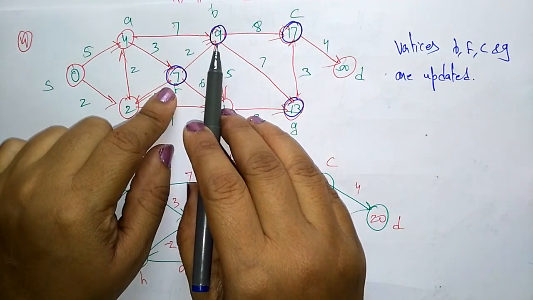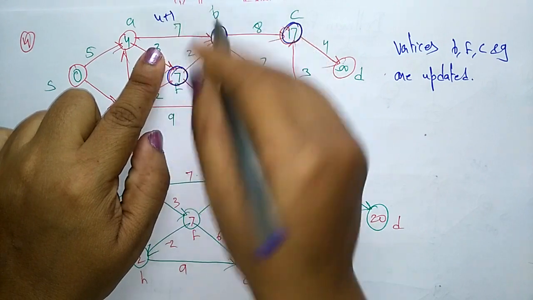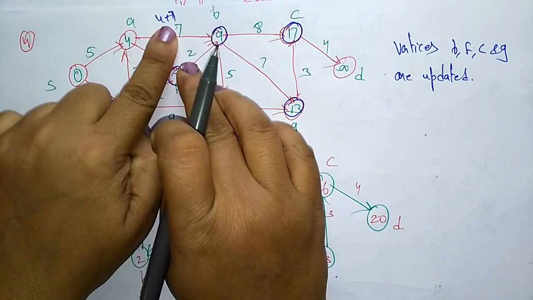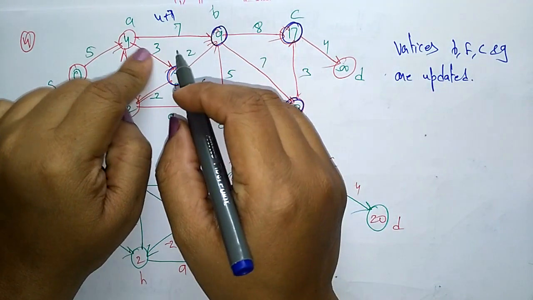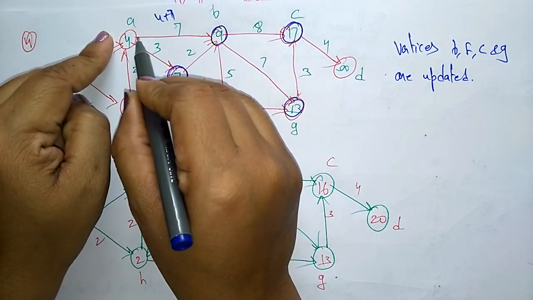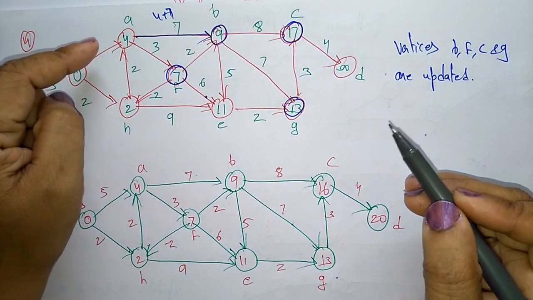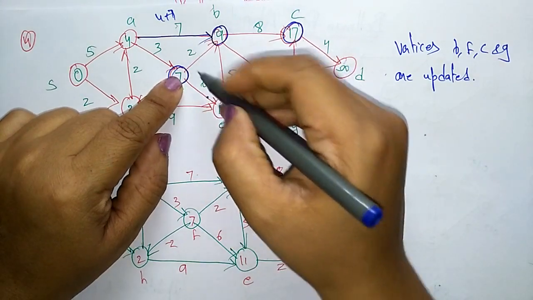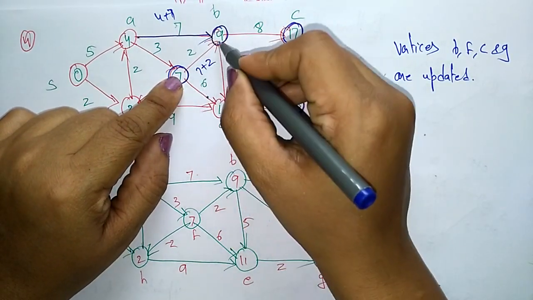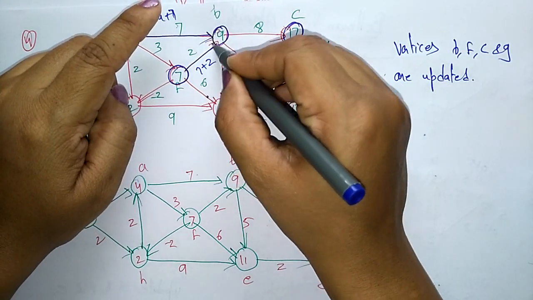From B, 4 plus 7 is... sorry, this is going from this, right? Now check here, 7 plus 2, 7 plus 2 becomes 9. Okay, 7 plus 2, 9 is satisfied.